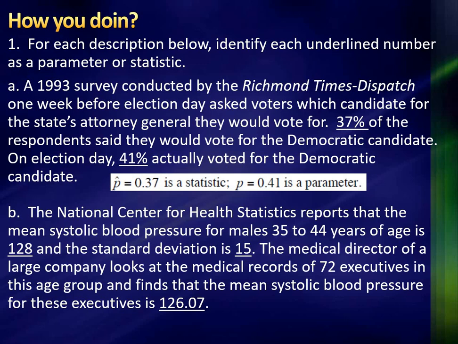You don't need to write is a parameter, is a statistic. If you use the proper notation, that's all you need. So if I'm looking at B, which ones of those are parameters?